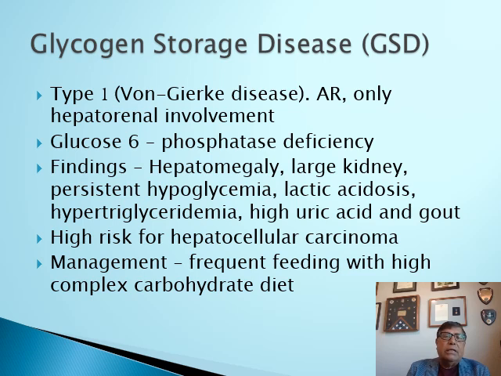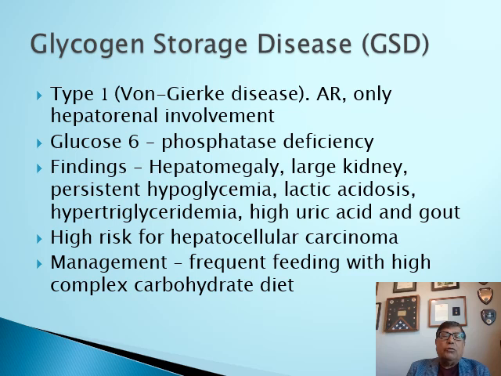Liver and kidney are involved, and this is due to the deficiency of the enzyme glucose 6 phosphatase, and the findings will be hepatomegaly, large kidneys, and severe persistent hypoglycemia with lactic acidosis.